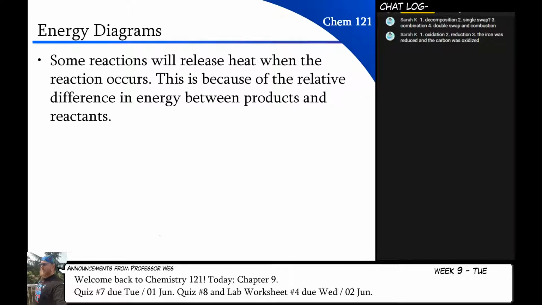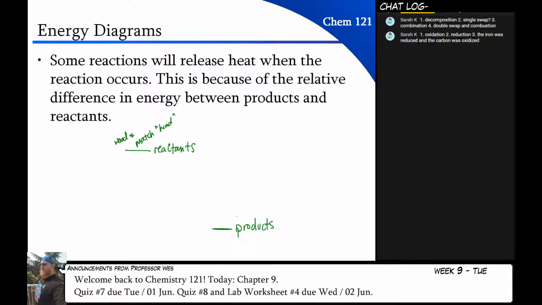Now, the reason for that is because of the reactants and the products of this reaction. The reactants would be the wood and the match head, which has all the chemicals in it to start the reaction, like sulfur and phosphorus and stuff like that. They have lots of energy.